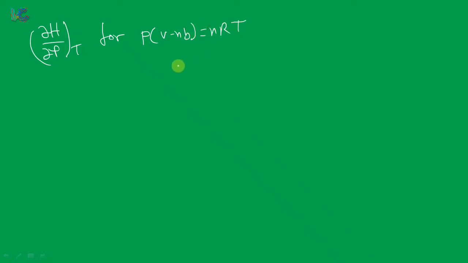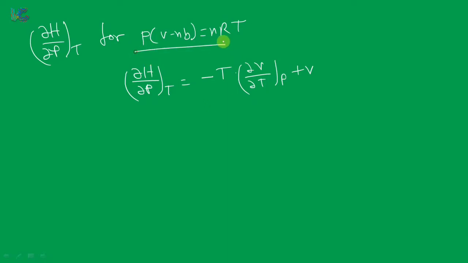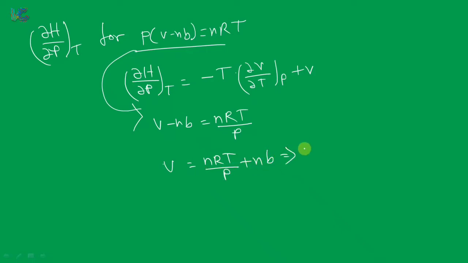Again you have to use this equation: del H del P at constant T is equal to minus T into del V del T at constant P plus V. Now from here you can write V minus nb is equal to nRT by P, or V is equal to nRT by P plus nb. So you can write del V del T at constant P.